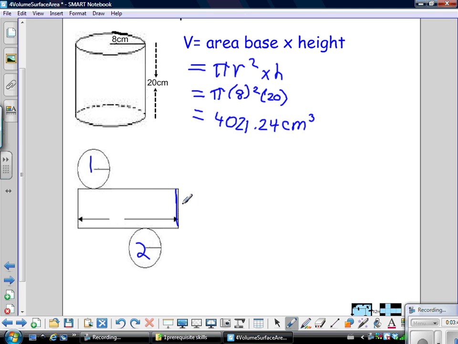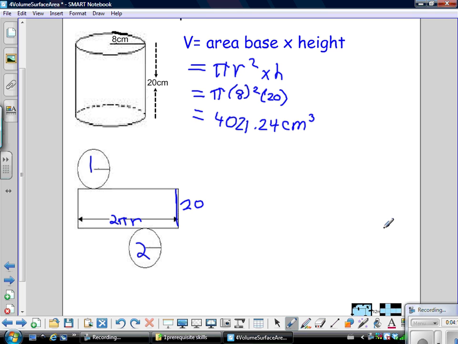And how do we get the length of it? It's the same as if we took the can label and peeled it off: that would be the circumference. We know the circumference is either pi d or 2 pi r. Because they gave us the radius, we're going to use 2 pi r.